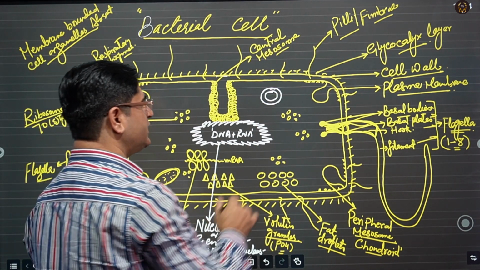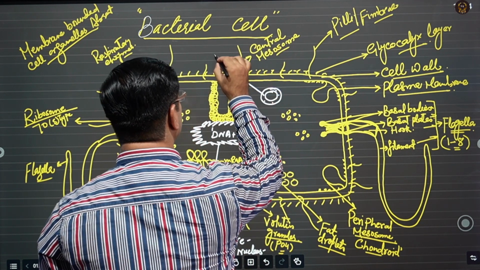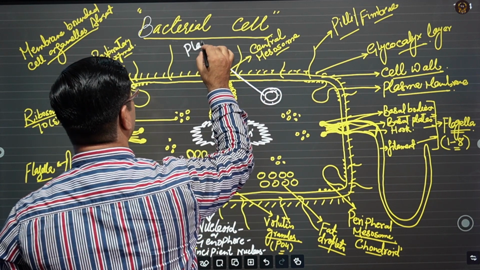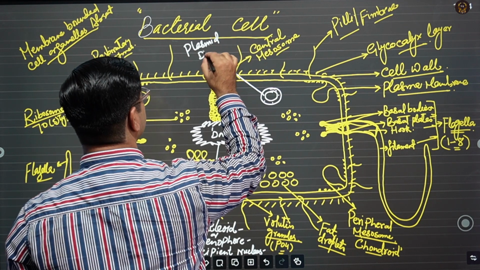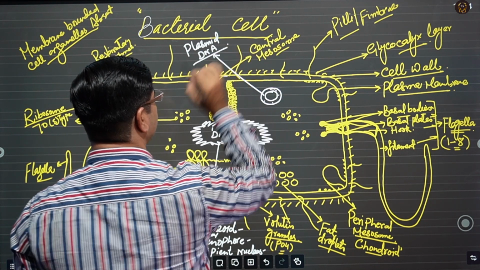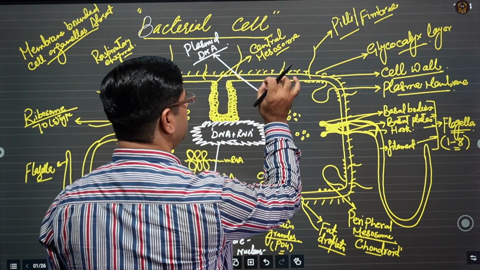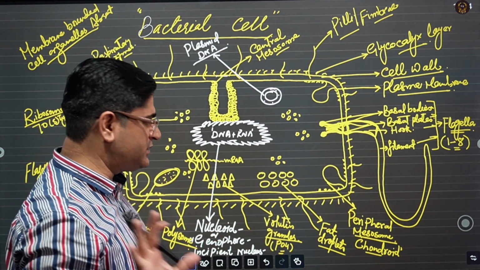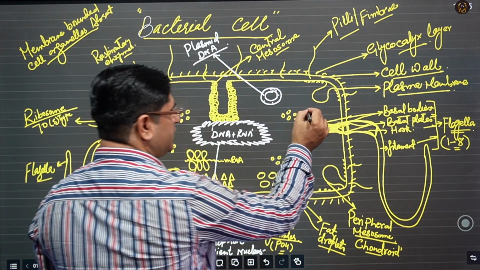This double-stranded circular DNA is called plasmid DNA. This plasmid DNA can be found only in certain bacteria but not in all the bacteria. Remember this.